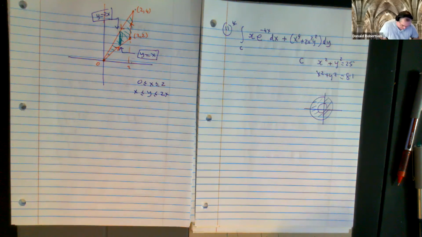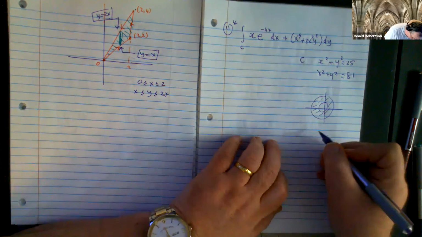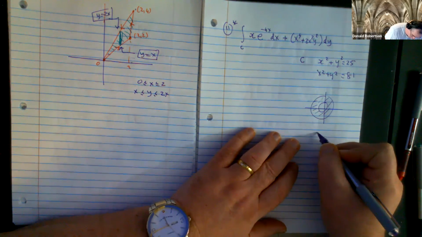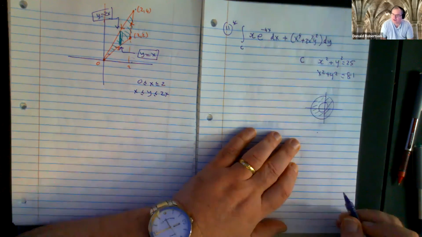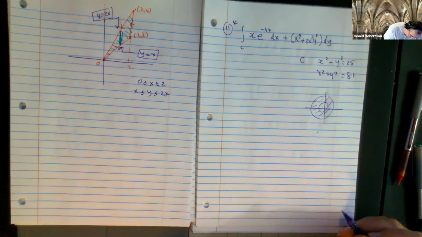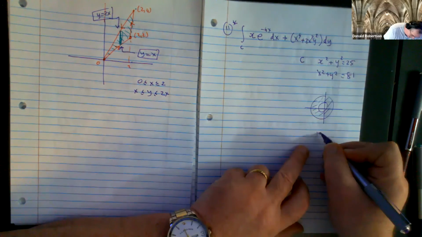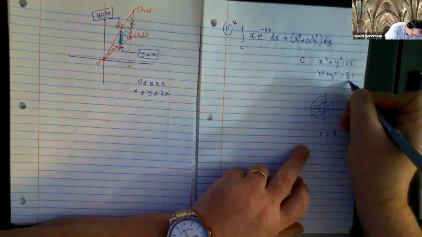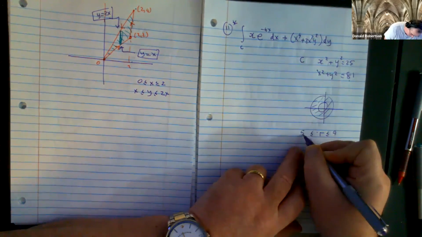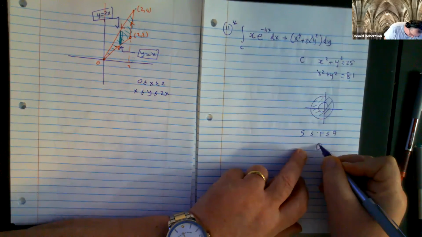Right. So if I'm setting up the region D, would you agree that is a good candidate for polar? And so I would do r goes from 9 because of that radius and 5 because of that radius, and theta from 0 to 2 pi.